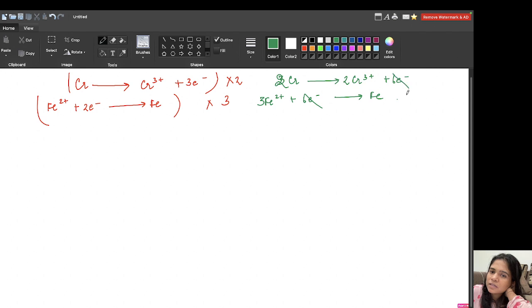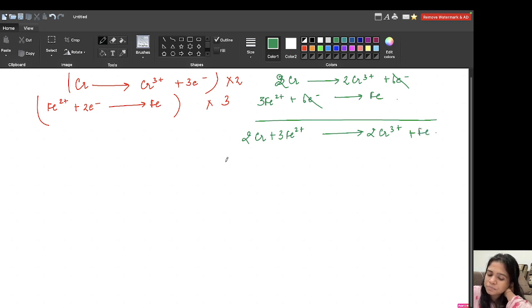Now how to write the reaction? We have already studied: 2 Cr plus 3 Fe2+ gives 2 Cr3+ plus 3 Fe, right? And now find the E of cell.